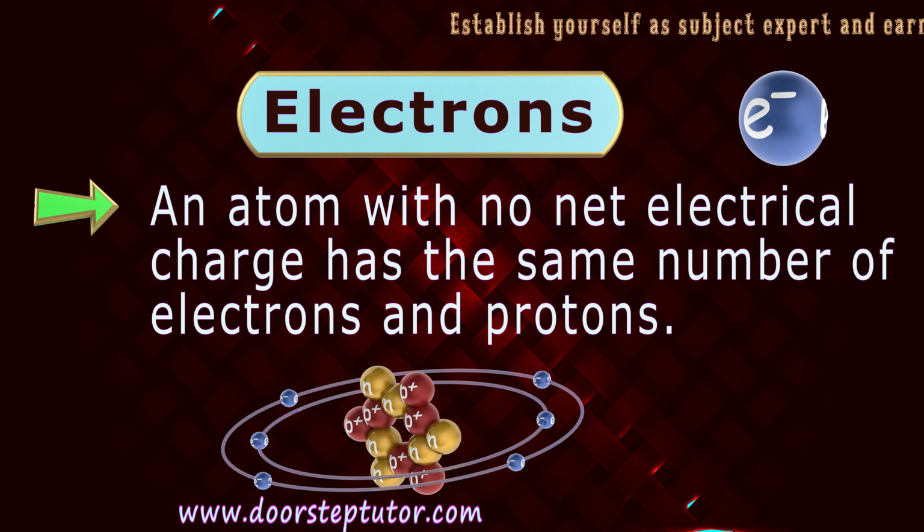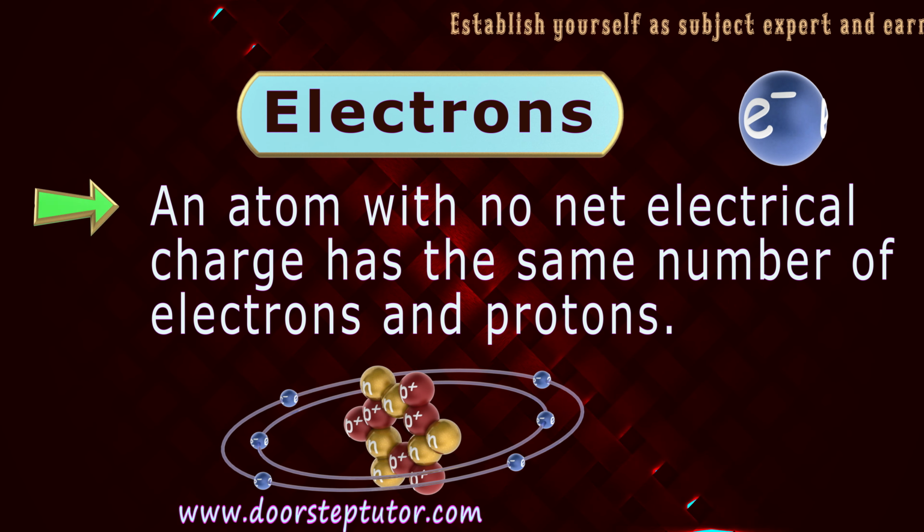So electrons are present in orbitals which lie in these shells. If we talk about the energy level of these shells, the shell which is near the nucleus has more energy, and the shells which are farther away from the nucleus have less energy.